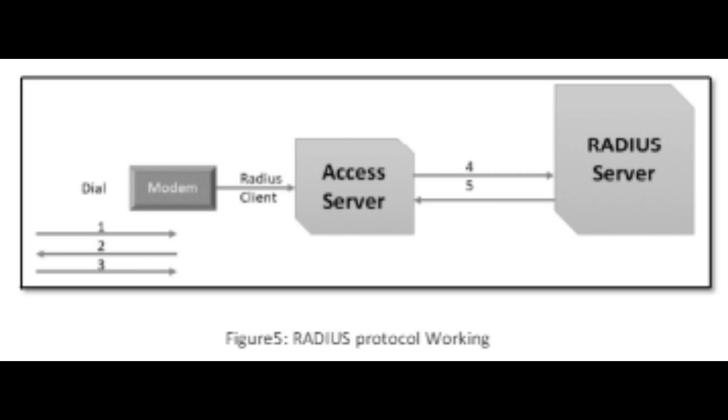The RADIUS worker receives the username and scrambled secret key from the RADIUS customer. Accept, reject, or challenge are the responses of the RADIUS worker. The RADIUS client monitors administrations and administration parameters that have been packed with accept or reject verification and authorization. To validate a client, a RADIUS employee can utilize a variety of approaches.